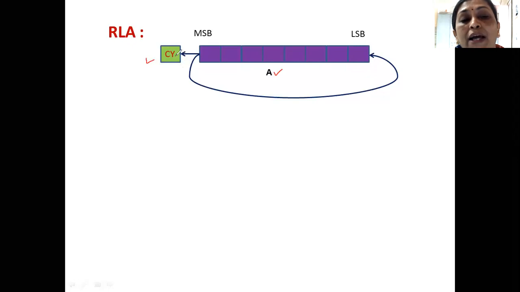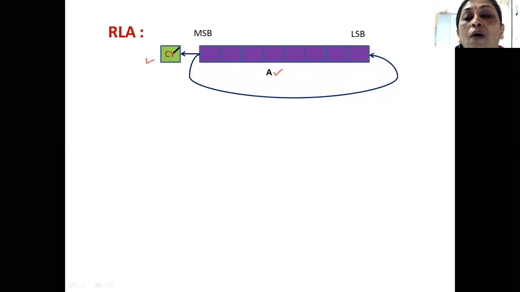So the carry flag is shown along with the accumulator. Here you can observe CY and the accumulator. So what is the width of the accumulator? The width of the accumulator is 8 bits. Are you getting the point? So here you can observe 8 cells or 8 flip-flops. Each bit is stored in these flip-flops.